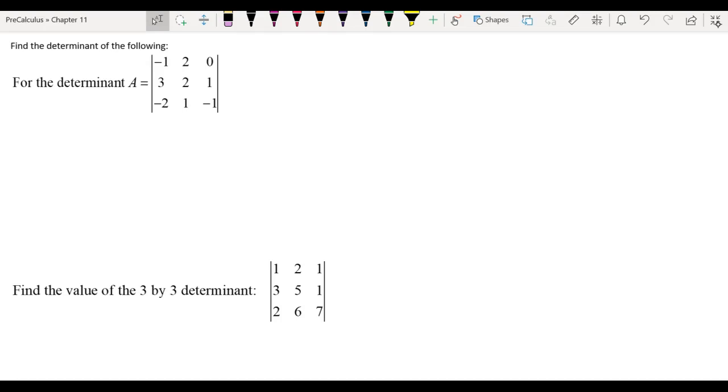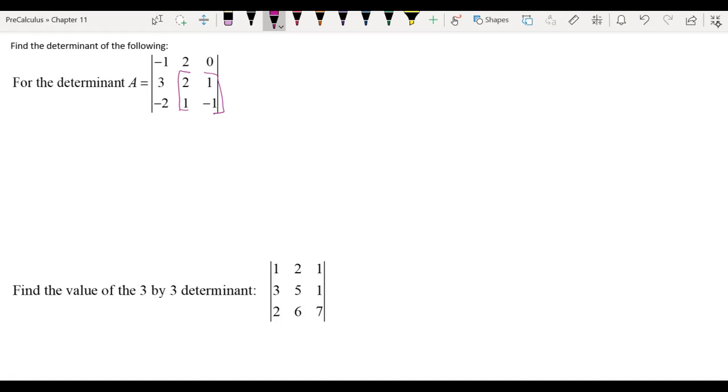For a 3 by 3 with numbers, the first spot that you start is you make this bottom section a 2 by 2. You would find the determinant of that bottom section, and you're going to times it by your top corner here.